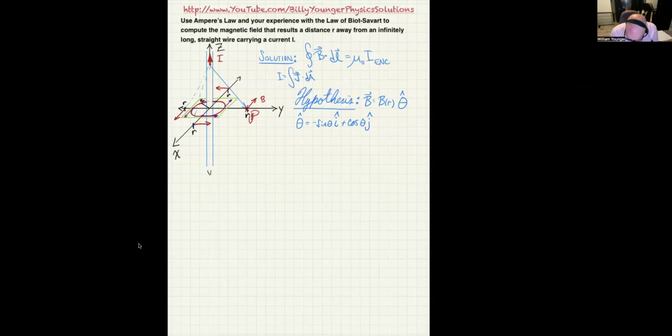And perpendicular to that is the r hat vector, which normally we would put first. It's sort of like x, y, z. You should go r, theta, z if you're talking about cylindrical coordinates, or r, theta if you're talking about just polar coordinates. So the r hat vector, just to give it to you, is cosine theta i hat plus sine theta j hat.